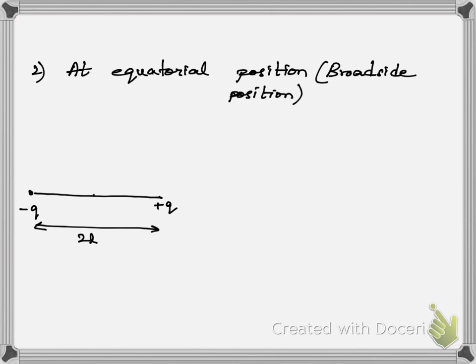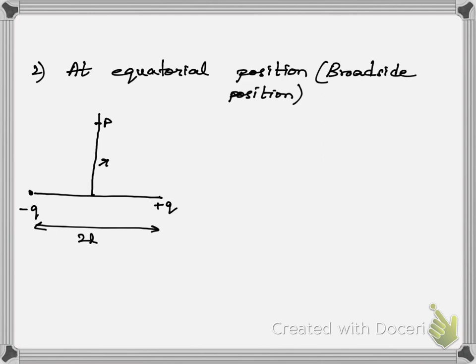So a point lying on the perpendicular bisector of the line joining the dipole will be known as the equatorial position. Let's say the point P. The distance of the point P from the center of the line joining the dipole is r.